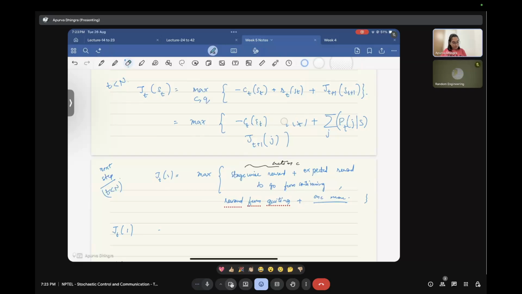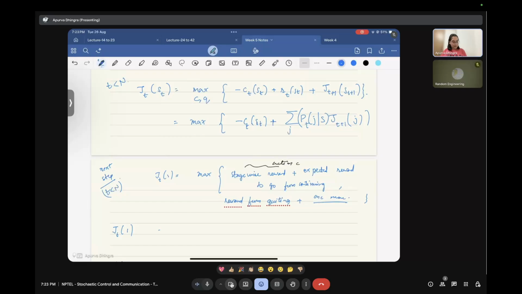So let's say first I'm talking about continuing, meaning there's just a cost, nothing more than that. Ct of st is the cost, while this is the extra term, the expected reward that you would get for continuing.